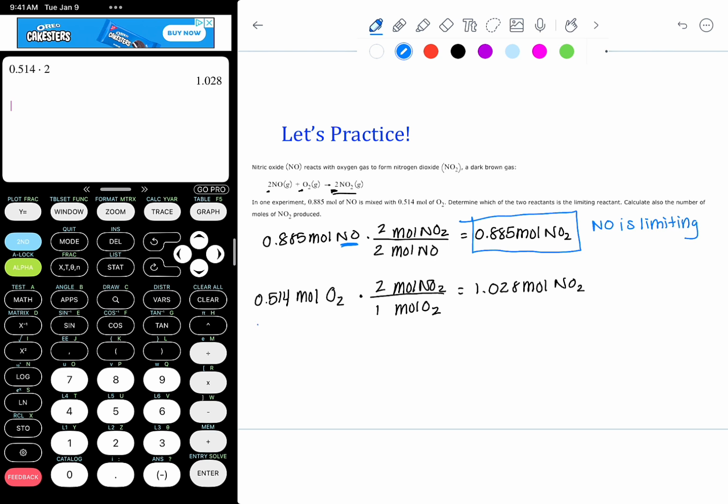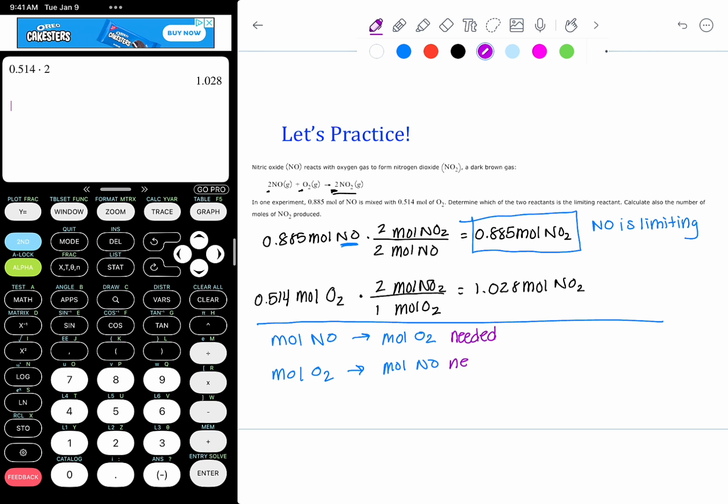Your textbook does show a way where you go from reactant to reactant, so you go from moles of NO to moles of O2, and then in your second reaction, moles of O2 to moles of NO. And this basically tells you the moles of each reactant that are needed to complete the reaction, and whichever one you don't have enough of is then your limiting reactant.